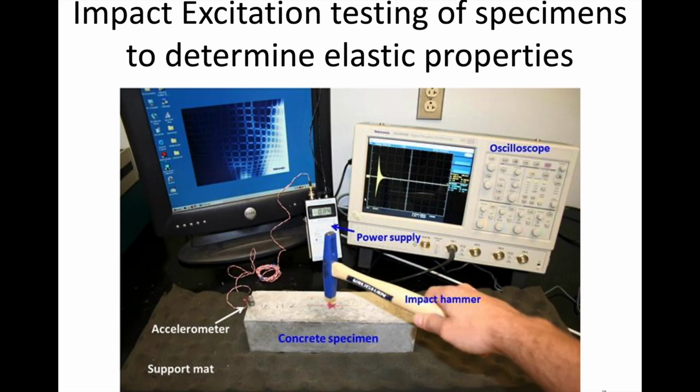We also have impulse excitation, or what I call resonance testing, which has a similar setup to this, where we basically have a microphone, this impact hammer. We have our sample. Here it's concrete, but we actually use our steel samples. And then you have electronics to measure the frequency of the vibration of the sample.